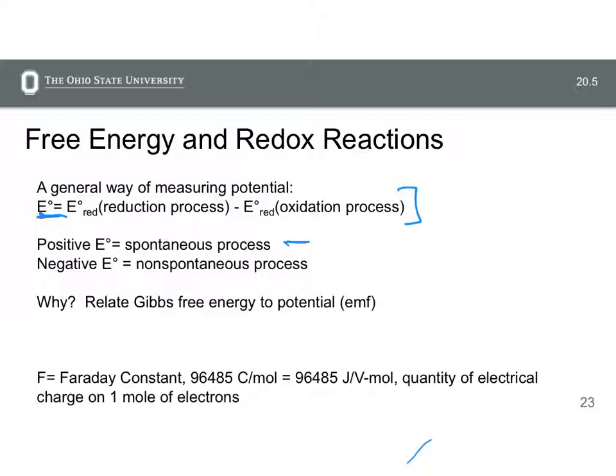The reason is that the Gibbs free energy, delta G, is proportional to the cell potential, minus nF E naught, or standard potential. I will most likely be speaking in terms of using the word potential, but I also want you to know that your book tends to use electromotive force.